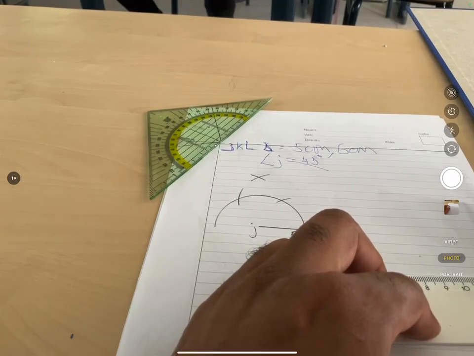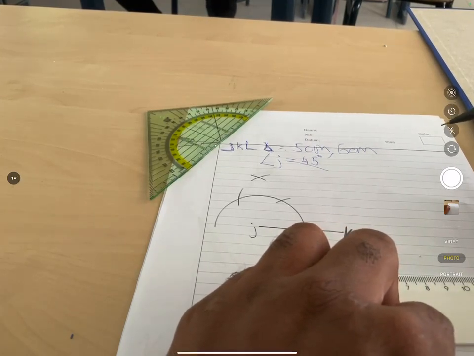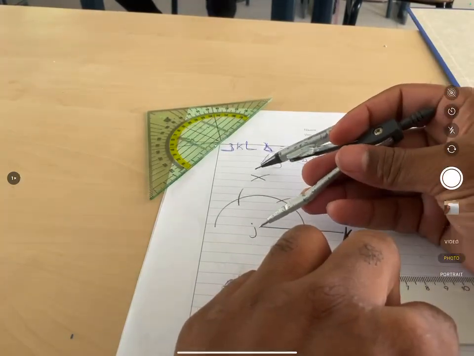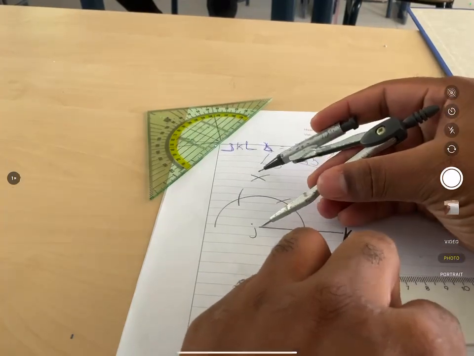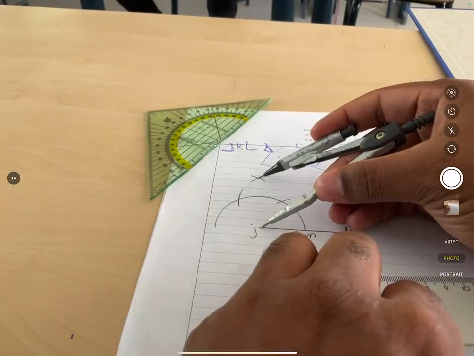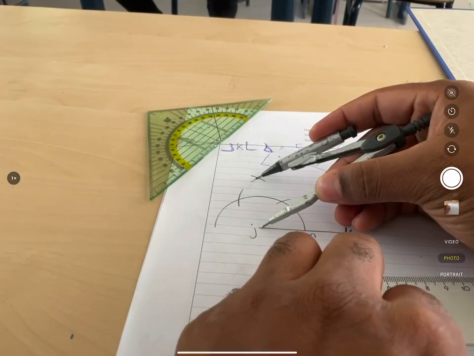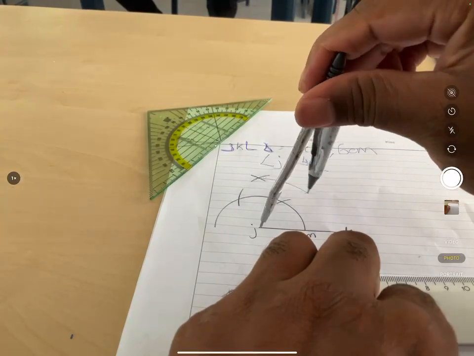All right, everyone is there. You have to make your compass reach the 90-degree angle, the length. Yes? So it has to reach it. Create an arc.